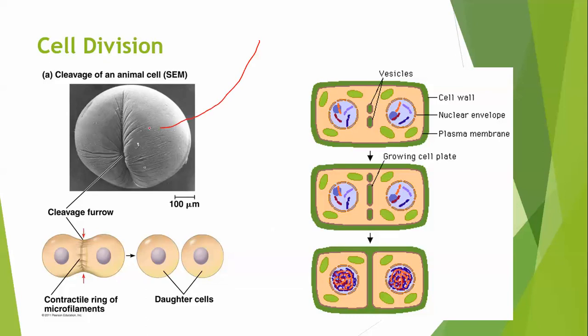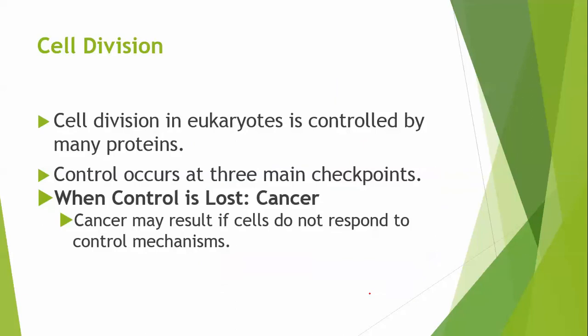So this is the cleavage furrow right here in animal cells, which easily just bloop, pinches into 2. Okay, and plant cells, again, they create this cell plate that divides them into 2 new daughter cells. So cell division in eukaryotic cells is controlled by many, many proteins.